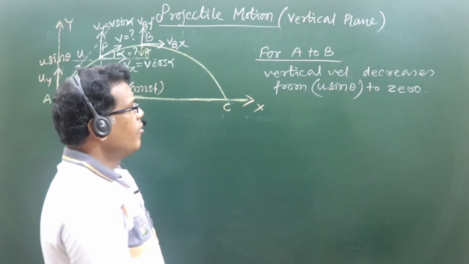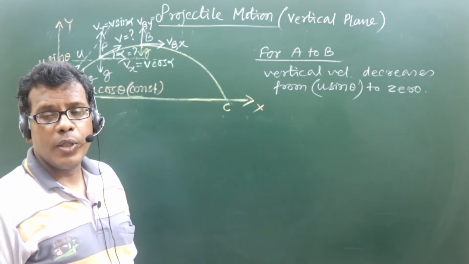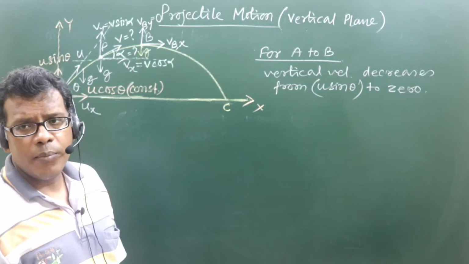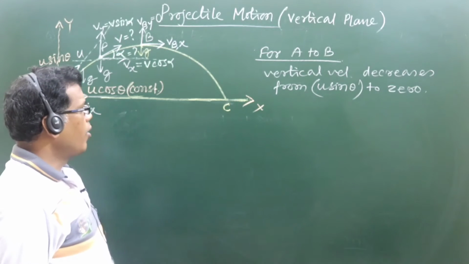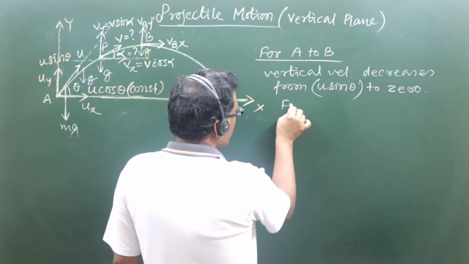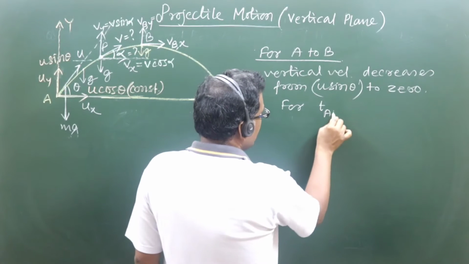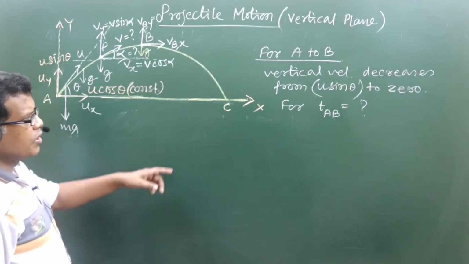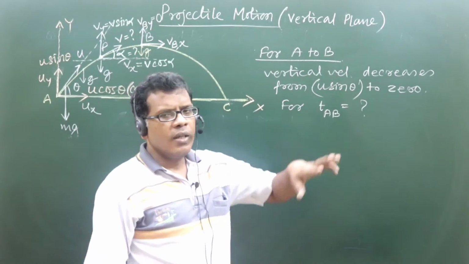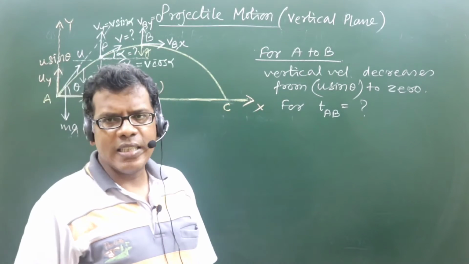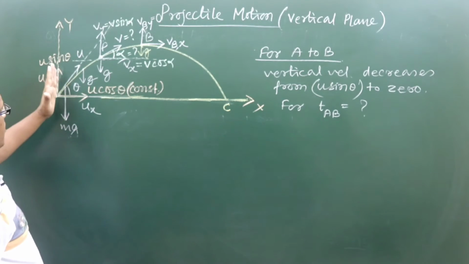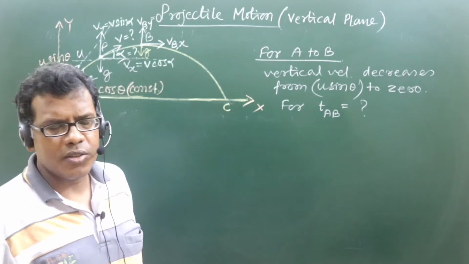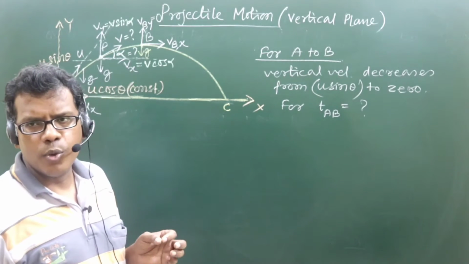So numerically, vertical velocity decreases from u sin theta to the value 0. If we want to know the time taken to travel from A to B, for calculating TAB, we can use this information: during this time the vertical velocity changes its magnitude from u sin theta to 0. Whenever the vertical velocity becomes 0, it has reached the topmost point of the projectile.